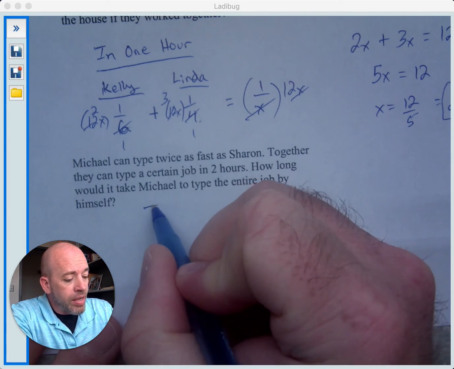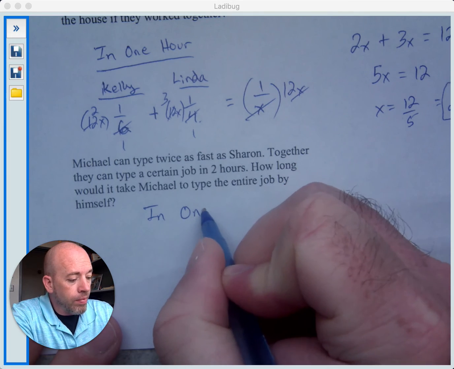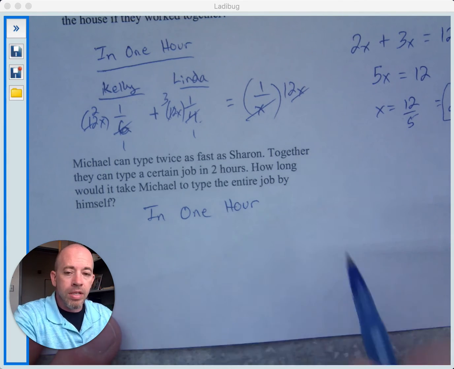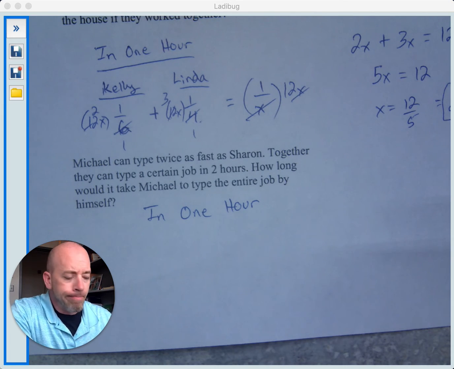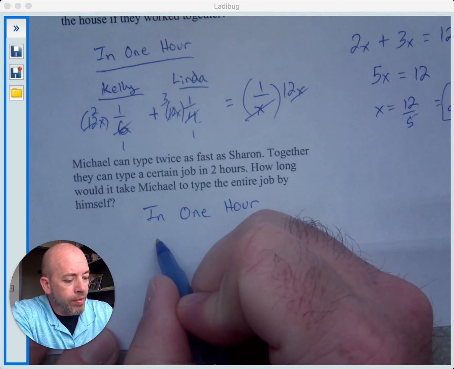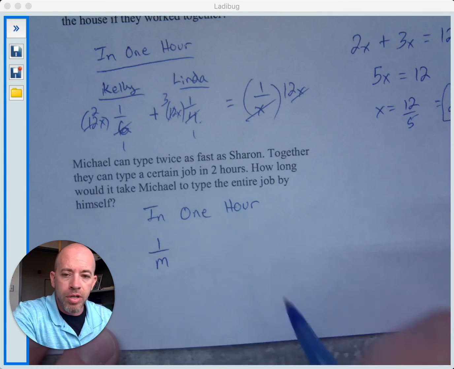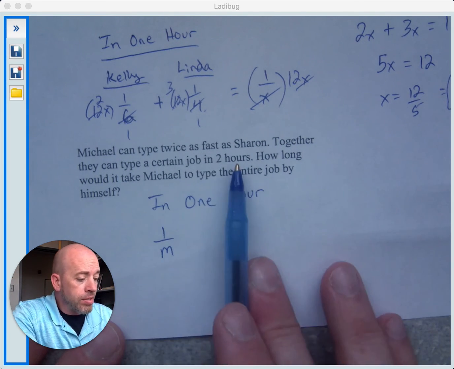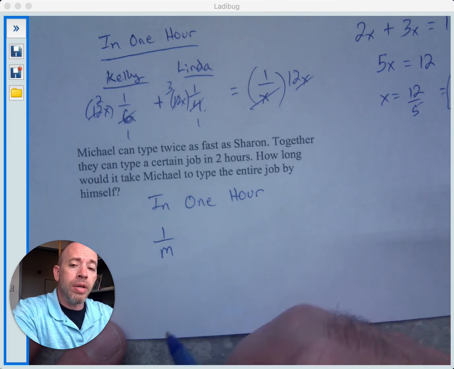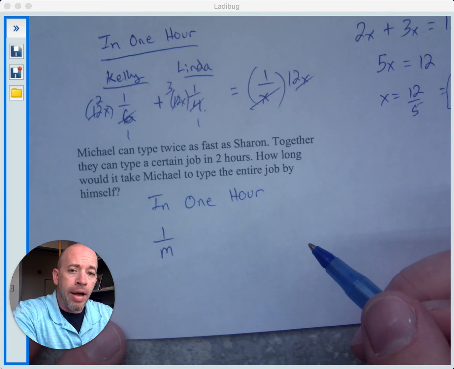Again, we're going to look at what happens in 1 hour. Let's let Michael be, well, maybe we'll make it M. Why not? So Michael can do, let's say, 1/m of the job in 1 hour. We don't know his, but he types twice as fast as Sharon, so it's going to take her 2m hours to do the job, right?